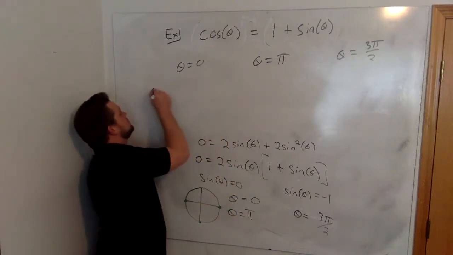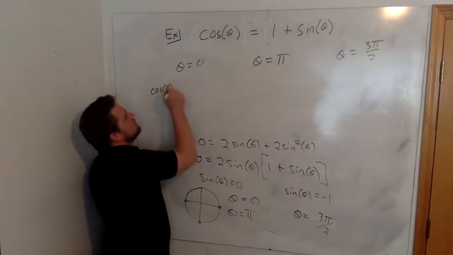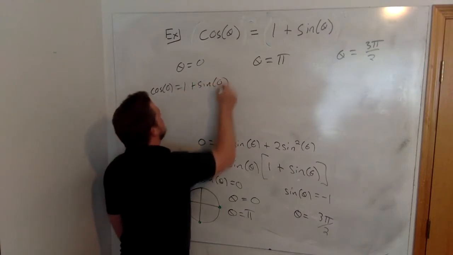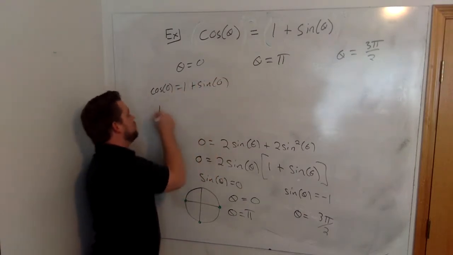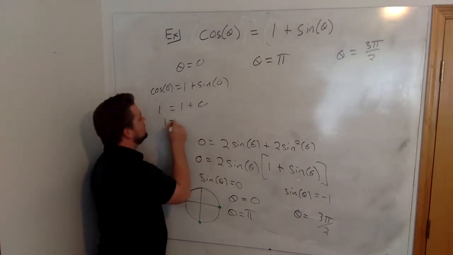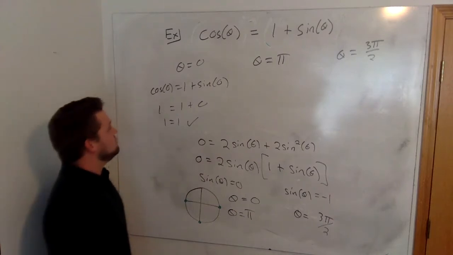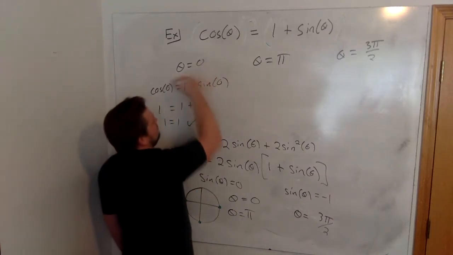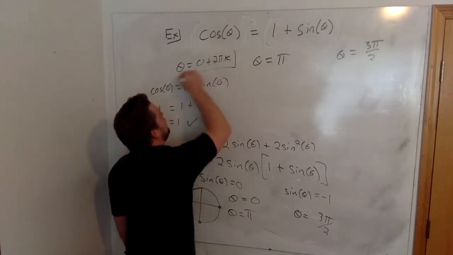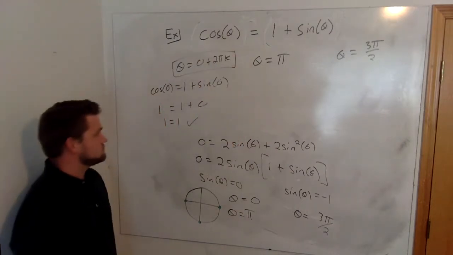So we'll get cosine of 0 equal to 1 plus sine of 0. Let's see, cosine of 0 is 1. Sine of 0 is 0, so we get 1 equals 1. This is a good solution. So maybe I'll put a plus 2 pi k on it, and we'll hold on to it. This is a good solution.